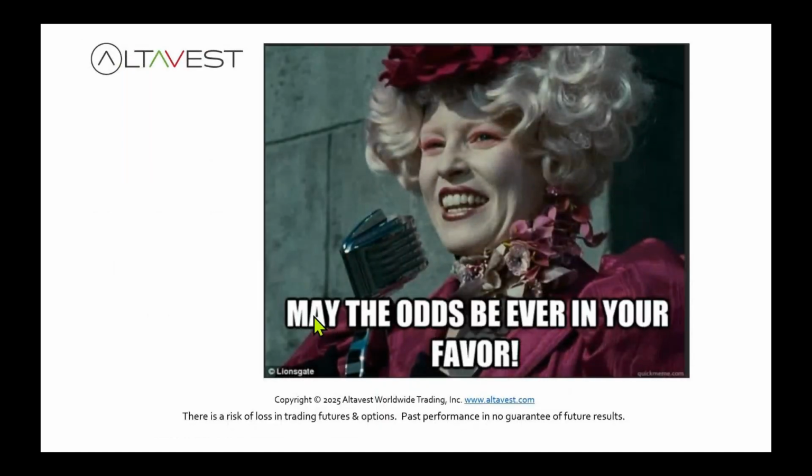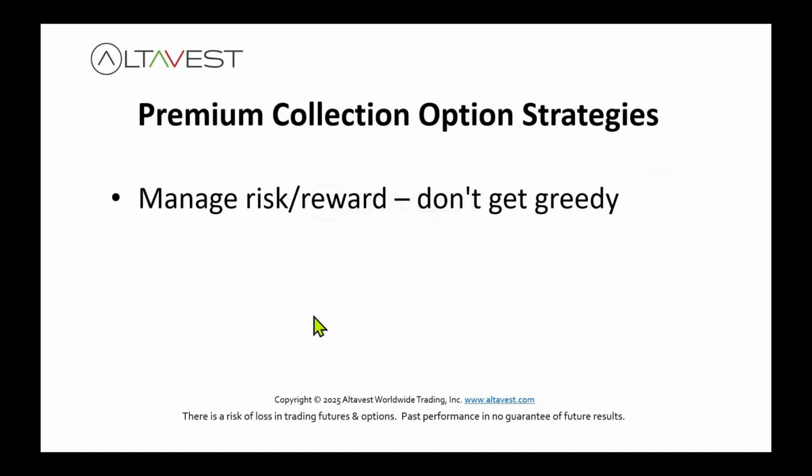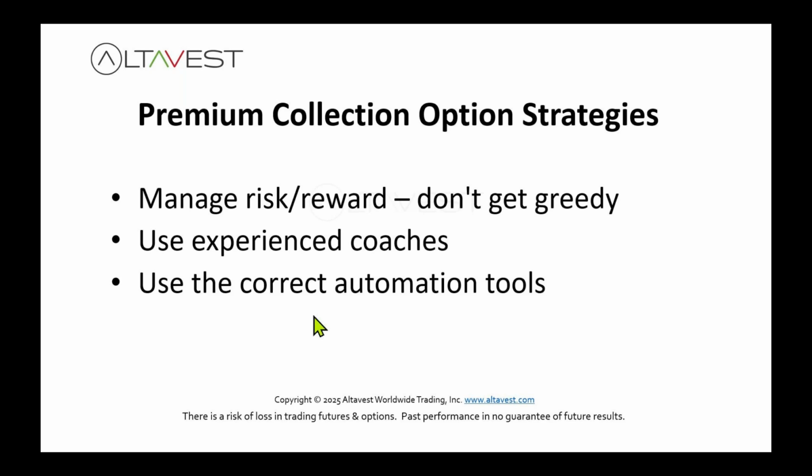We want the mathematical odds to be in our favor. So we're going to collect premium with these option strategies where we manage risk and reward along the way, not getting too greedy. We need help and experience to maybe give us some guidance. And as importantly, we need the correct tools, the automation to make this happen.